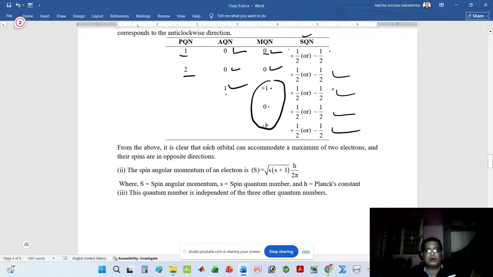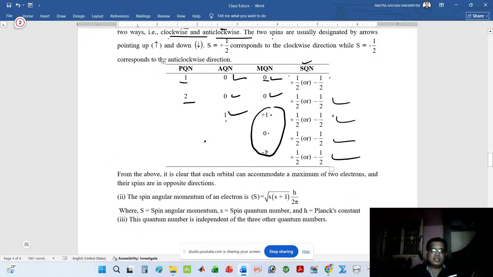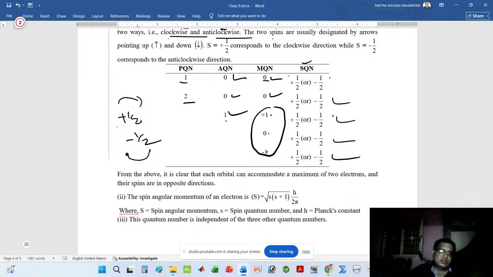From the above, we can see that since each orbital has two spin quantum numbers, one plus half and another minus half, there is no chance of a third electron because there are only two spin quantum numbers. One is plus half, the clockwise direction. Another is minus half, the anti-clockwise direction.